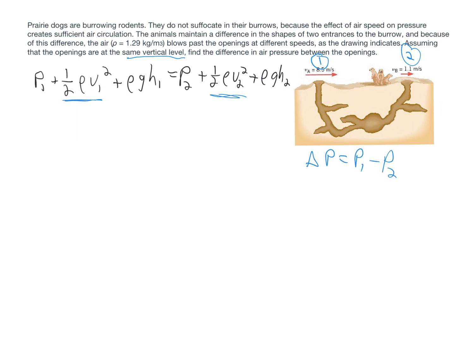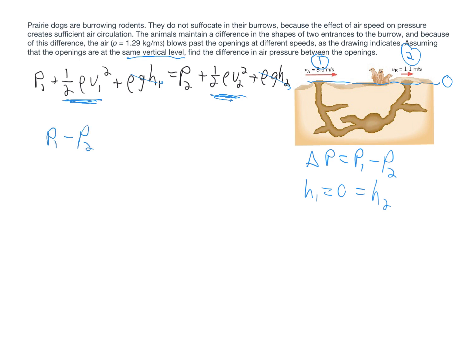So I'm given the V values and the density values, so I can find these, and I identify that they're at the same height. So if I call this height that they both are at the 0 location in the vertical scale, that means H1 is 0, and H2 is also 0, so these terms go away, and you should be able to simply solve by getting your pressures on the same side and your kinetic energy per unit volumes on the same side.